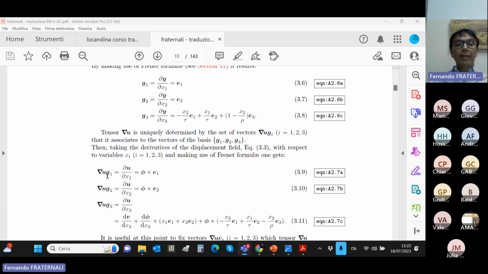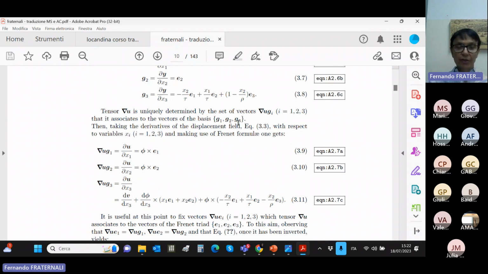So we take derivatives and obtain the three expressions given here of these three vectors, which define the gradient of U. So this is an operational definition of the gradient of U.